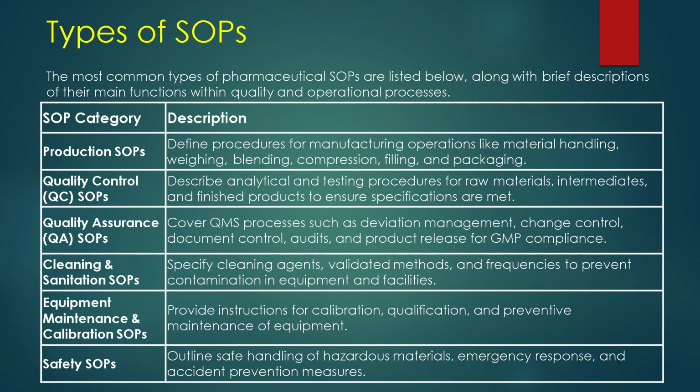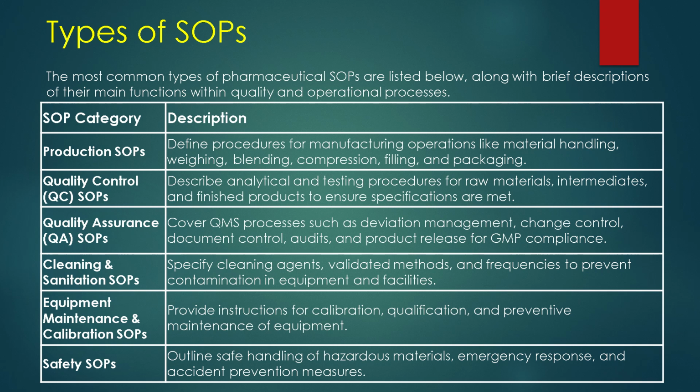Types of SOPs. The different types of pharmaceutical SOPs are categorized based on their specific purpose, functional scope, and area of application within organizational processes. The most common types of pharmaceutical SOPs are listed below along with brief descriptions of their main functions within quality and operational purposes.